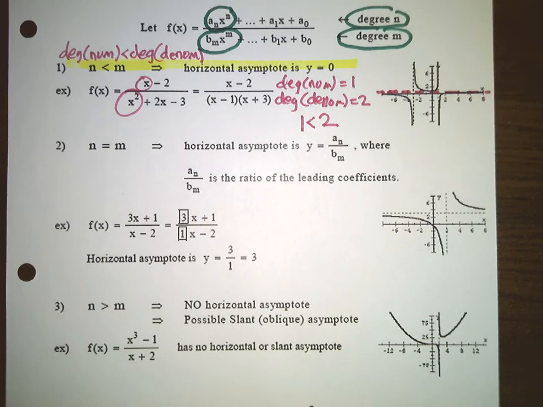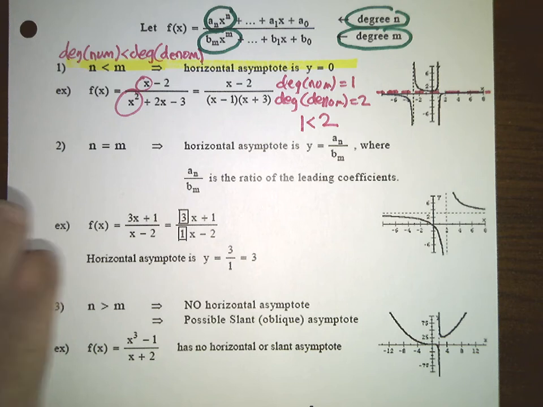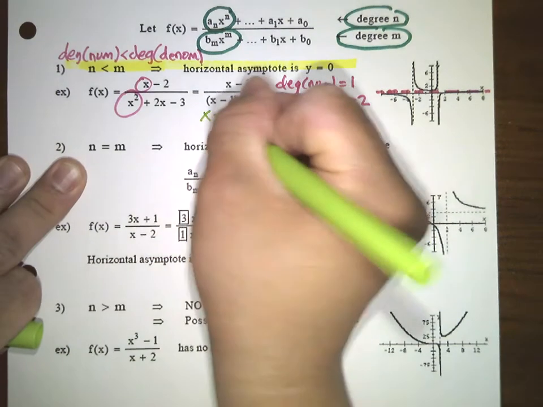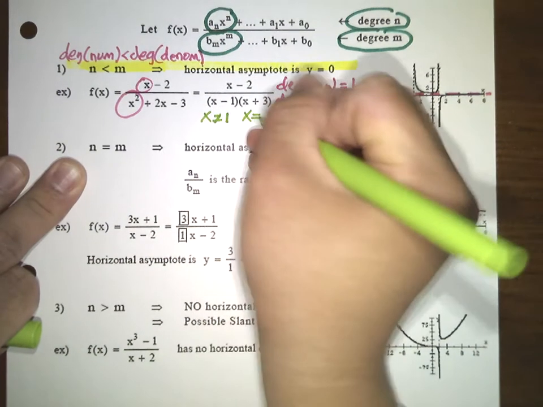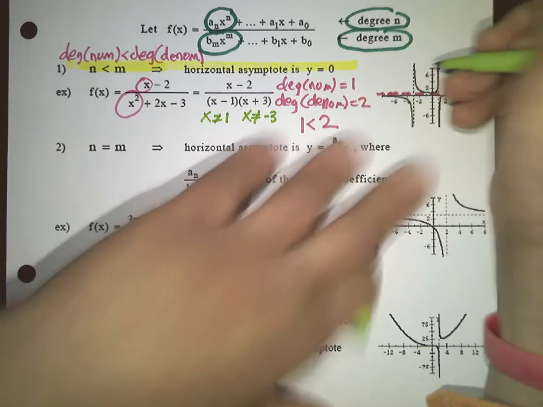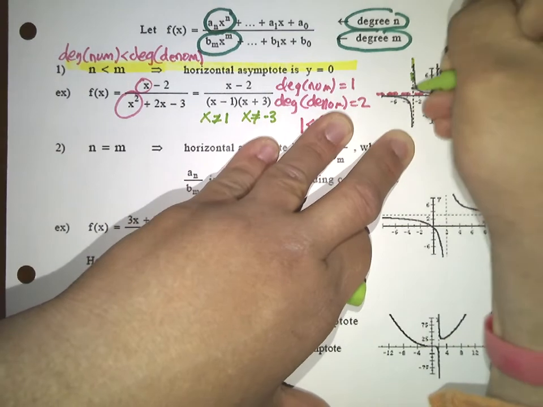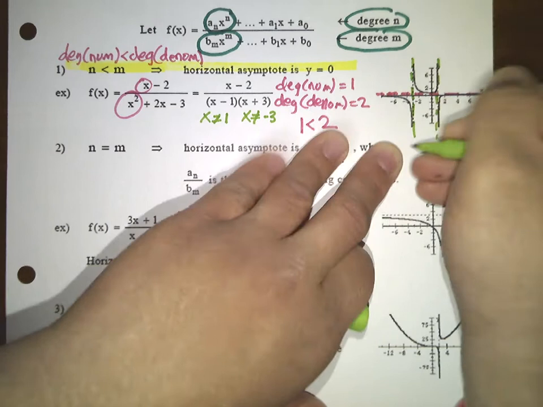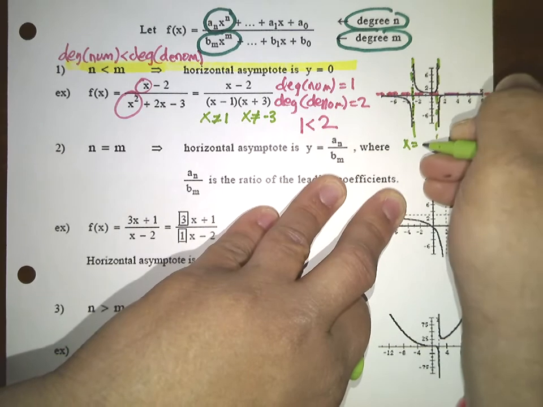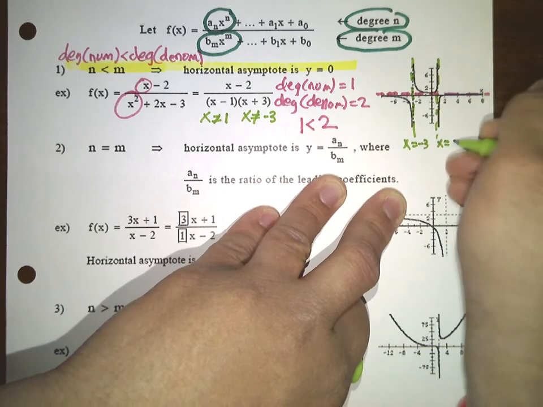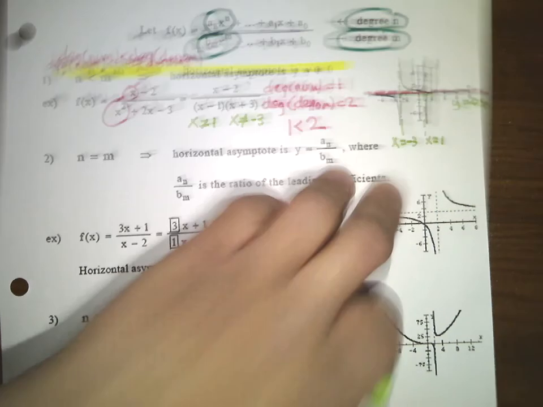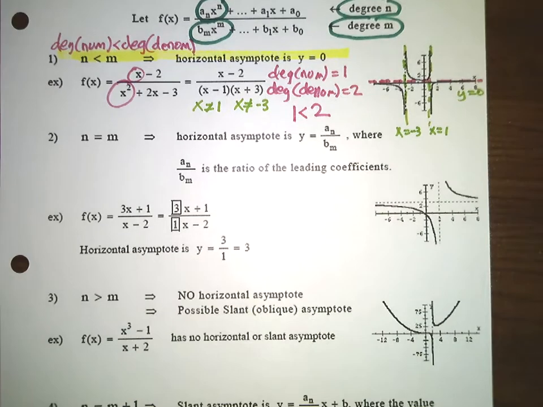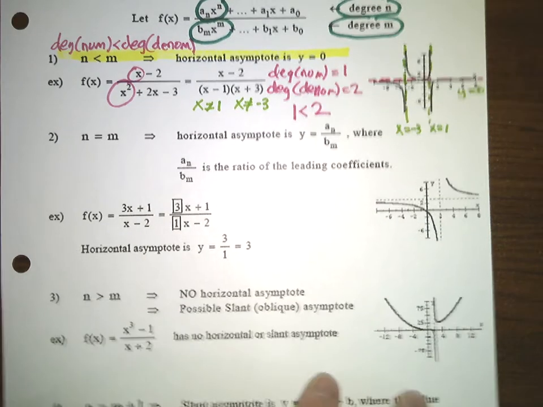But then you can also see that x could not equal 1 and x could not equal -3. So there are the two vertical asymptotes. All right, so x equals -3, x equals 1, and y equals 0 were the three asymptotes for that particular rational function.